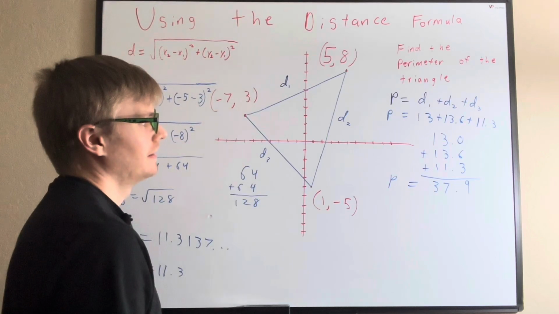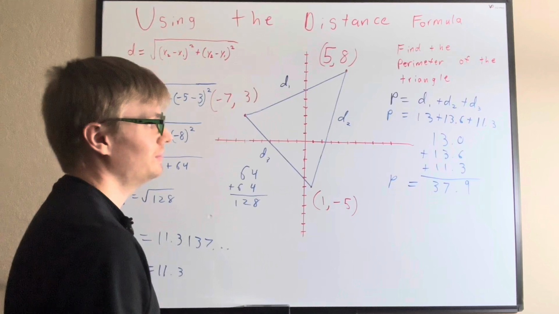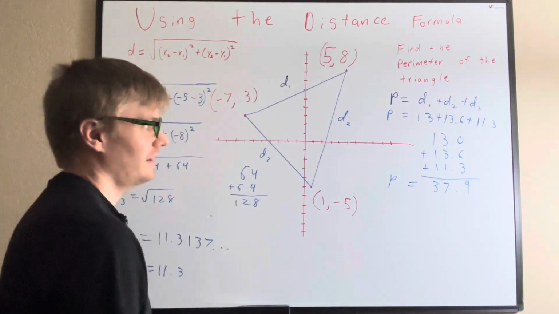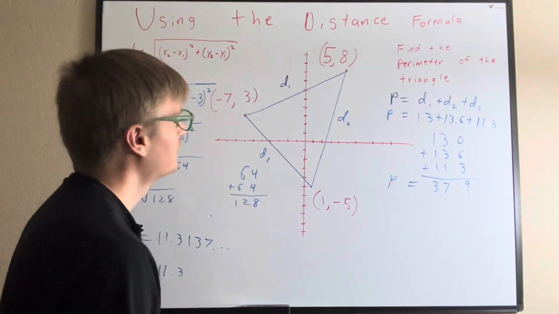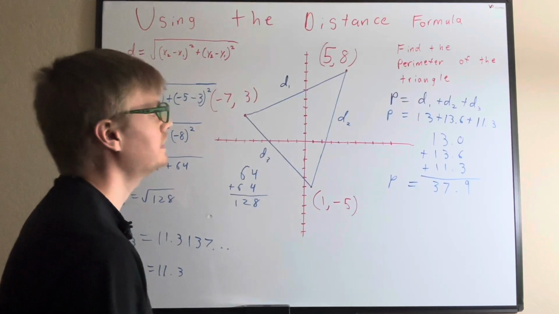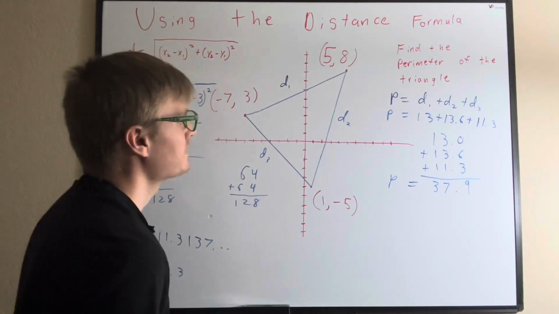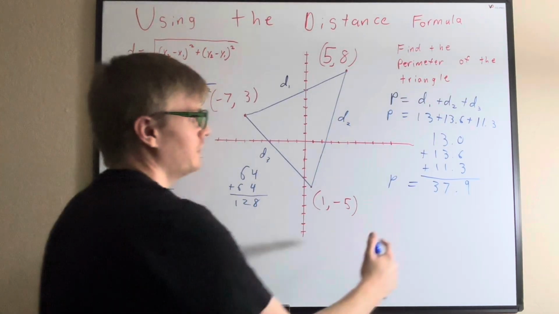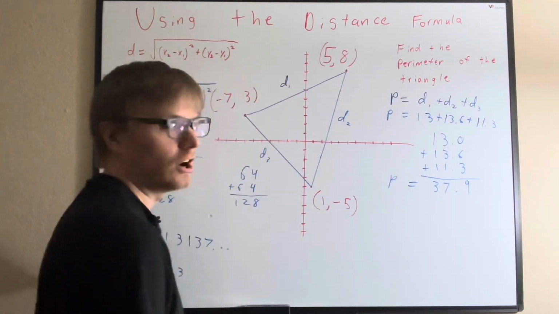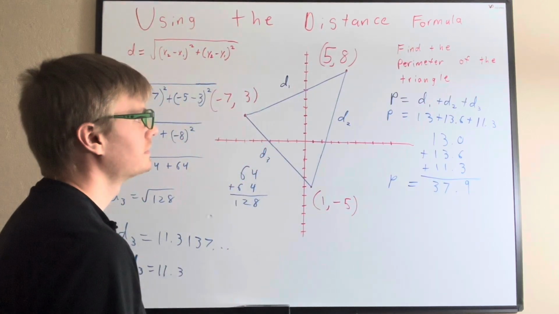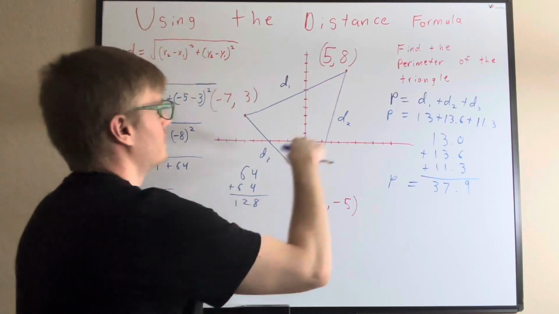Now, how does this apply to real life? Well, if you were working as a cop and they're asking you to put up crime scene tape, caution tape around a crime scene, and you had 3 points to work with, you would know you would need 38 yards or feet or whatever that is to surround all that.